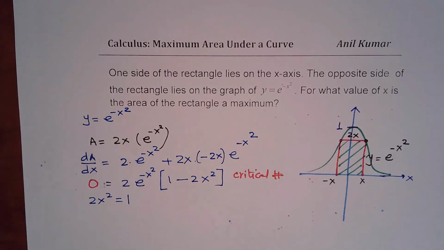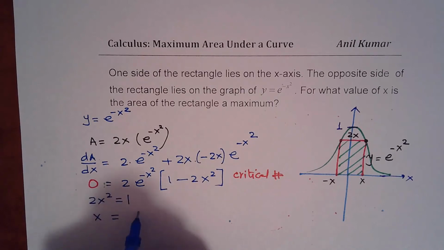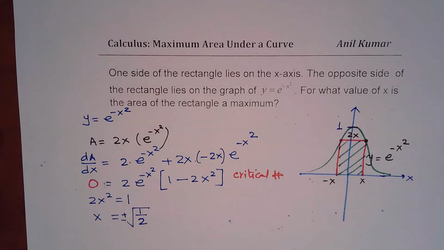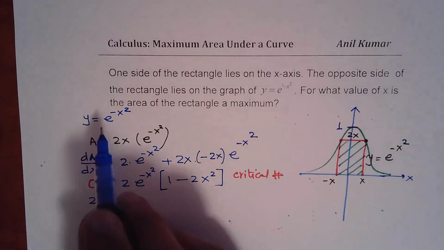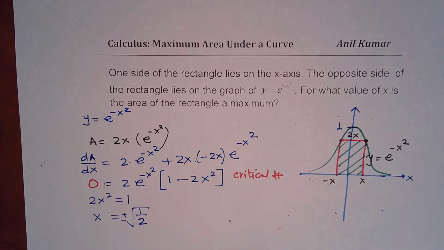So that gives you two values for x, which are the square root of half, plus and minus. So these are the two critical numbers which you get. Now we can actually find the area for these values, and also for what values of x the area of the rectangle is maximum.